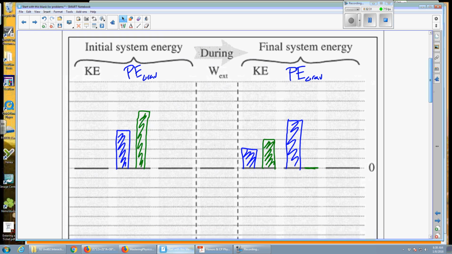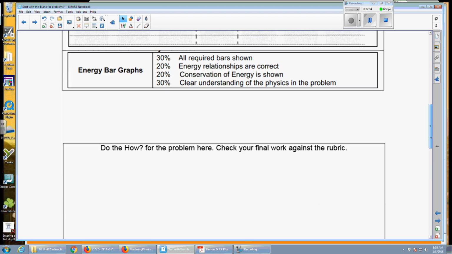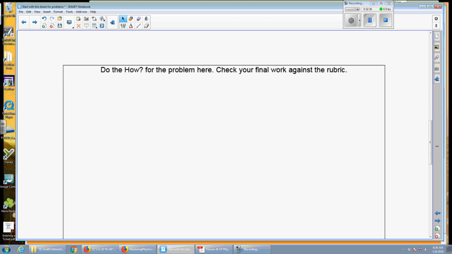All right. So, I know my energy is conserved. So, let's actually write it down in color.